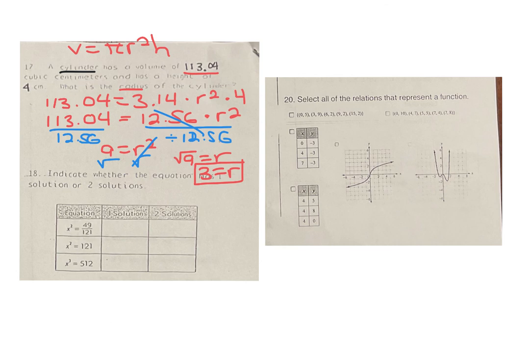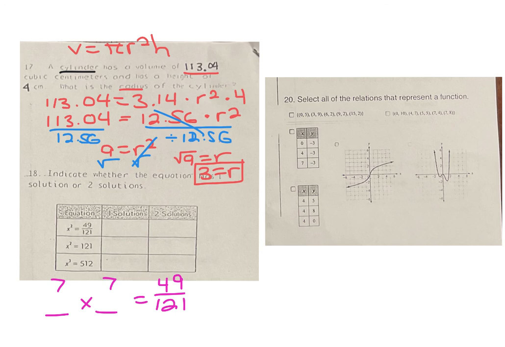As we take a look at our next question, trying to determine whether or not there is one solution or two. Big difference here is if we are squaring something, we have an opportunity for positives and negatives to cancel each other out. So when we say x squared is equal to 49 over 121, that means we're asking ourselves what number times itself would equal 49 over 121. To get 49, I would take 7 times 7.